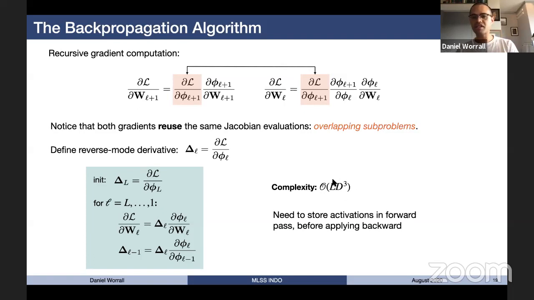But this has computational complexity L d cubed, which is down from L squared d cubed. Unfortunately, this d cubed is still here, but there are ways to speed this up using GPUs, which we don't need to worry about. So this is taking us down from quadratic in the depth of our network to linear in the depth of our network, the network being this concatenation of feature transforms.